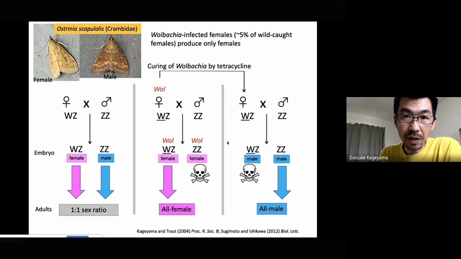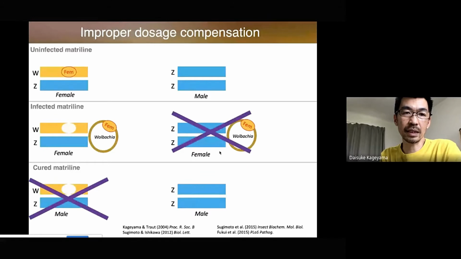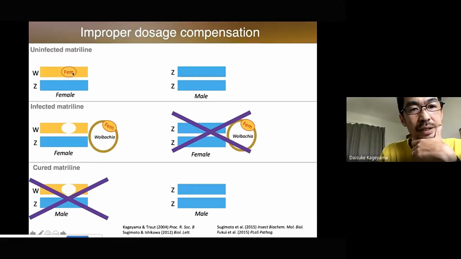But if you cure the Wolbachia by antibiotics, they produce only males by killing the WZ females. But actually they are determined as males.